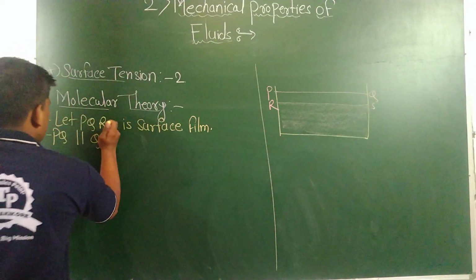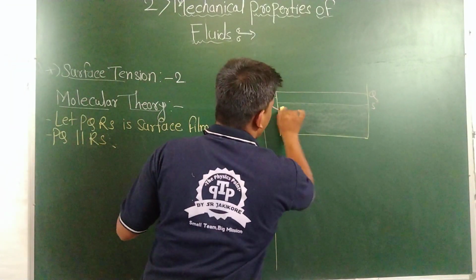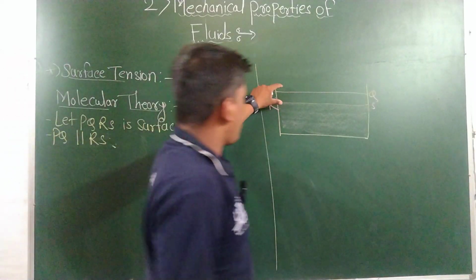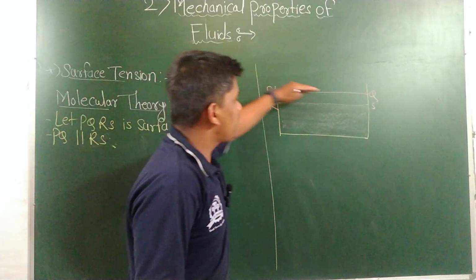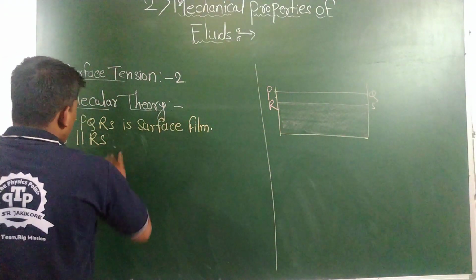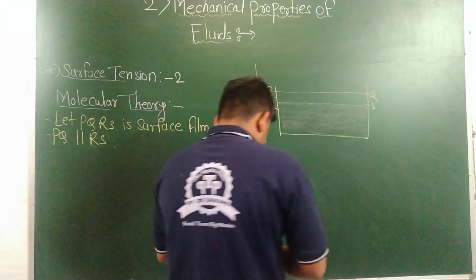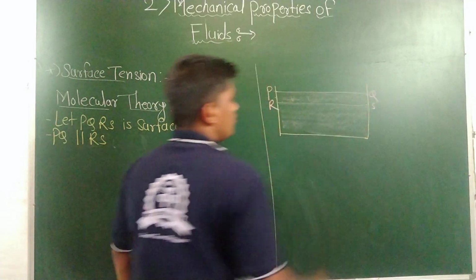No. PQ is parallel to RS. And their thickness, or the difference between the two lines on the surface, PQ and RS, is the range of molecular forces. This is the surface film. Okay.